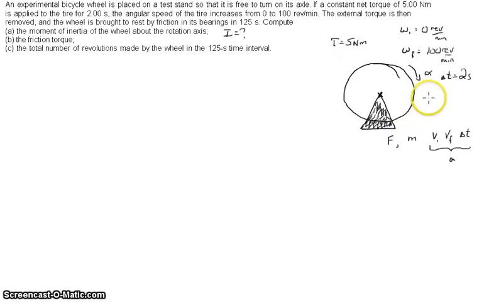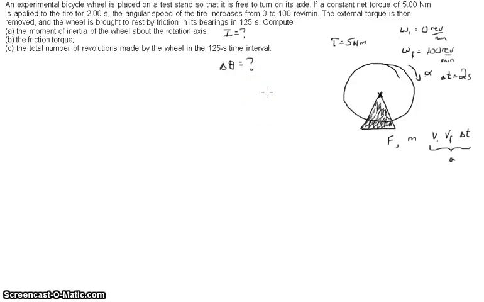So if they're asking for the number of revolutions made in part C, they're essentially asking for delta theta, which means I'm probably going to have to use my motion equations. So the acceleration will be helpful to have when I get down to part C.